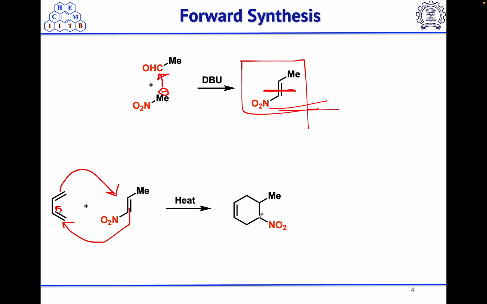I guess you can remember that we can do it via the Nef reaction. The Nef reaction is the major reaction to convert nitro to aldehyde. There are many conditions to carry out this Nef reaction, and some reductive methods are there, like using TiCl3 in water, which easily converts nitro to carbonyl.